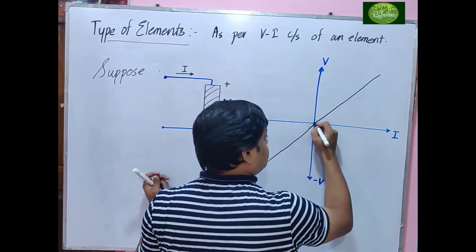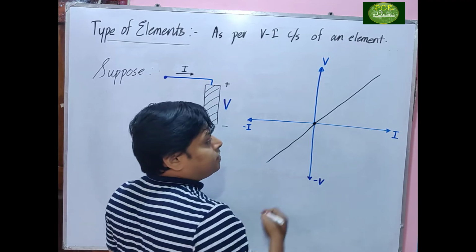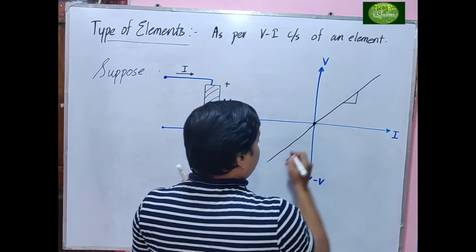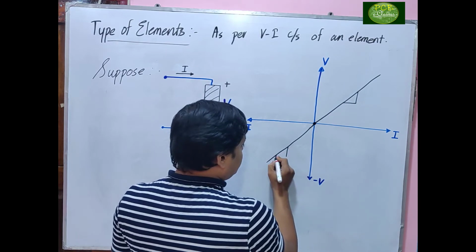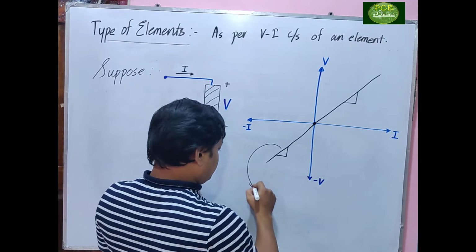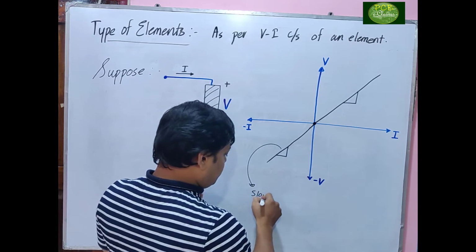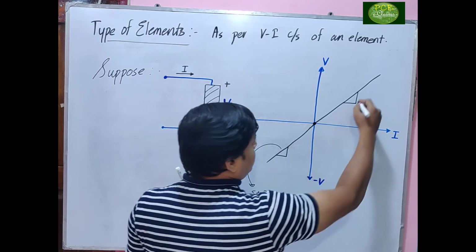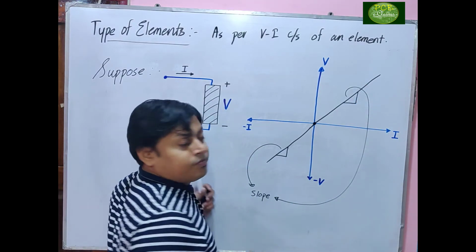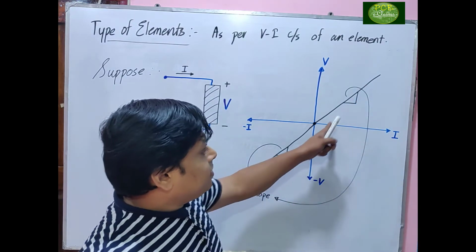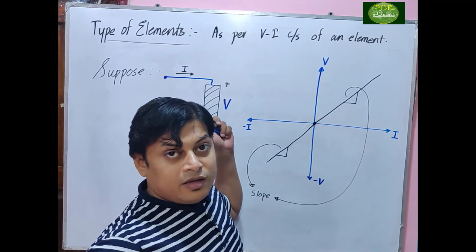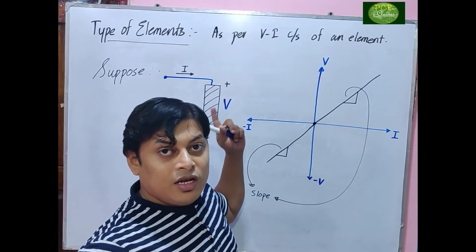Passes through origin. Slope remains same. Then this element will be said as linear element, else it will be a non-linear element.